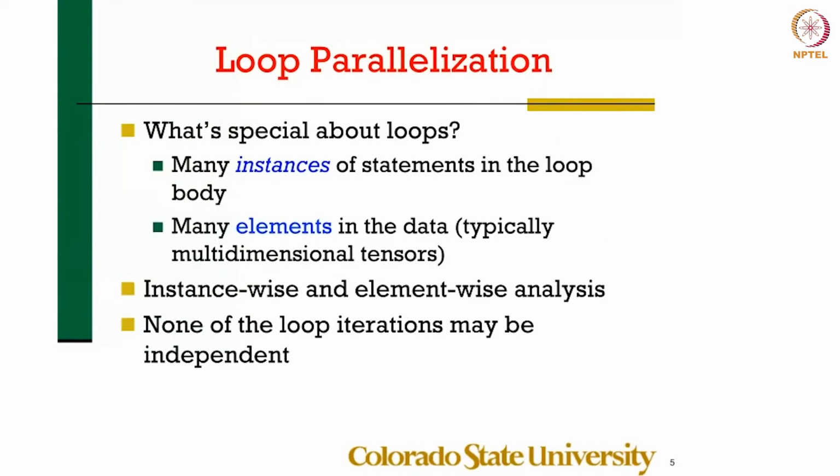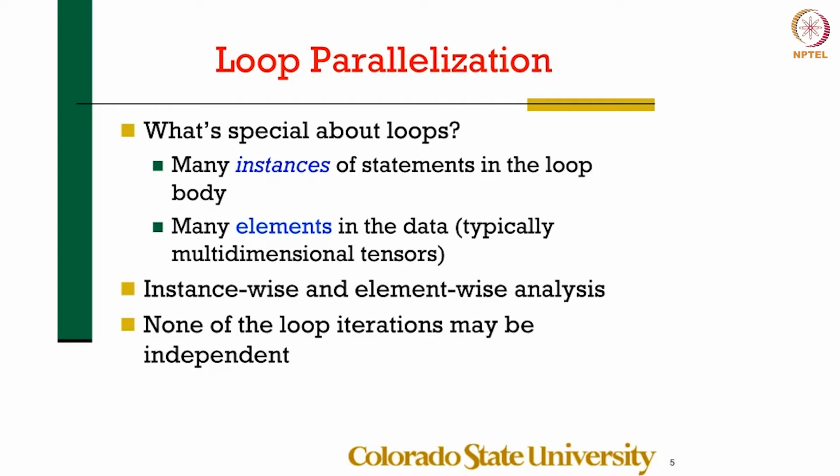Okay, so what happens in loops? Well, you have a statement, if you think of it as something that has a label in your code. There are many instances of the statements. And there are many elements in the data, because the data is typically a multidimensional tensor. So you're accessing arrays or multidimensional tensors within loops, and so there are multiple instances and multiple elements.